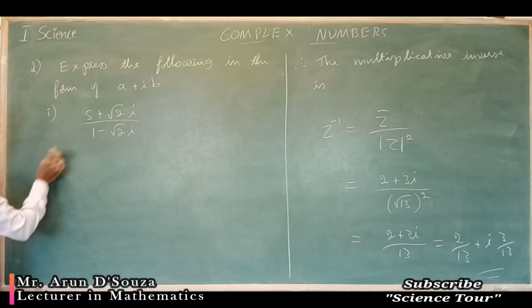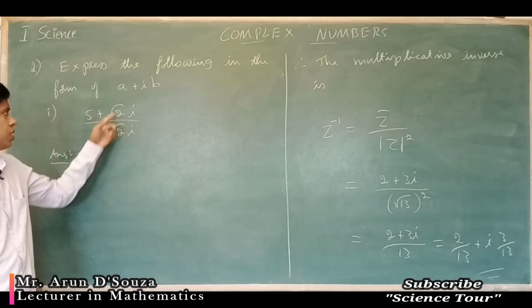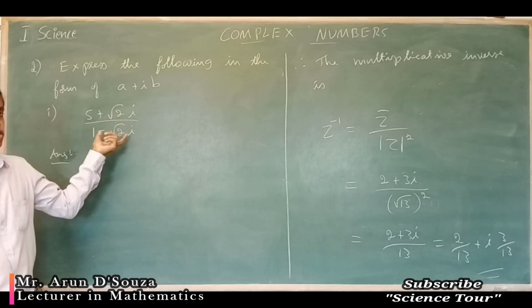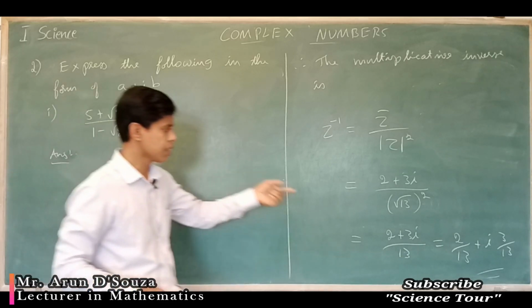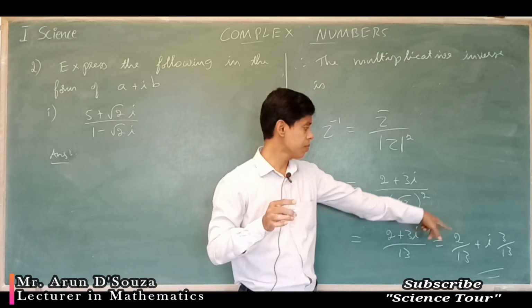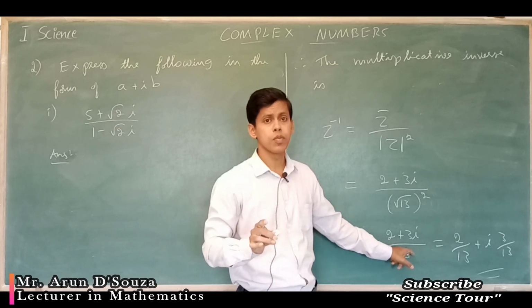Well, so the answer, what you have to do here, see this is division of two complex numbers. In the denominator you should not have any complex thing. See, in this case, if you want to write in the form of a plus ib, here i should not be there in the denominator, correct?